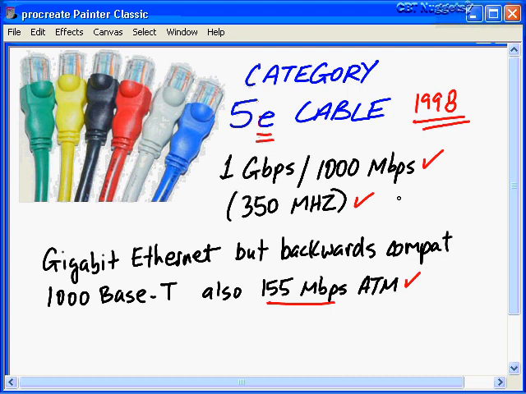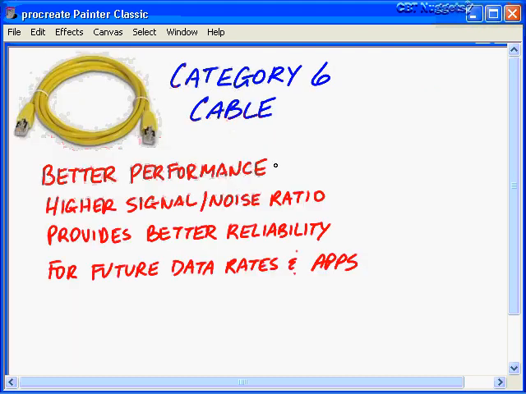We've also got Category 6. Let's check that out. Category 5 cable, Category 5E, 6 cable, all pretty much look the same, except on the side here, on the actual cable itself, it'll designate whether it's Cat 5, 5E, or 6. Category 6 cable is one of the newest cables available to provide better performance.